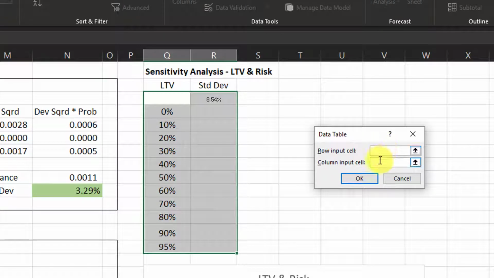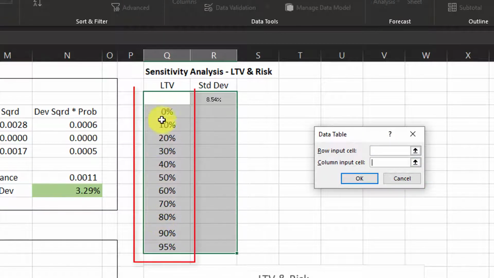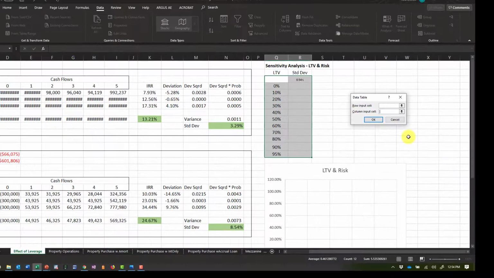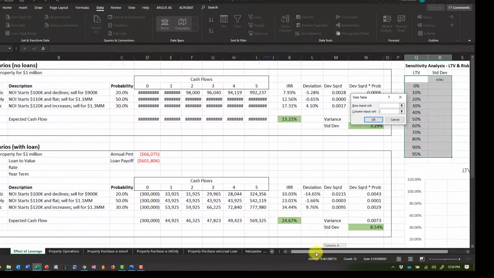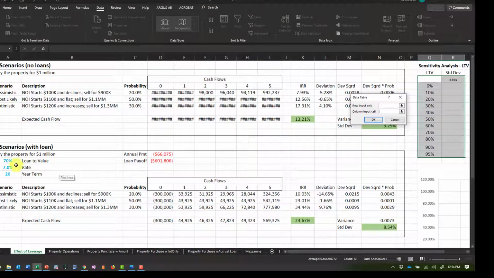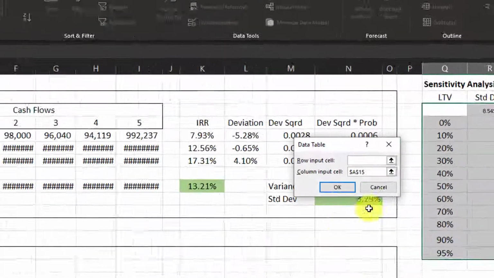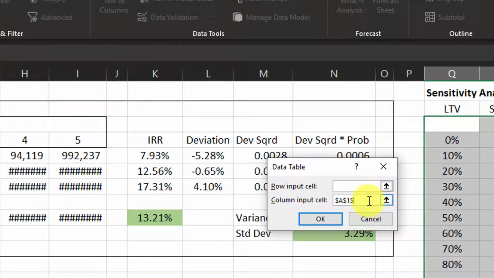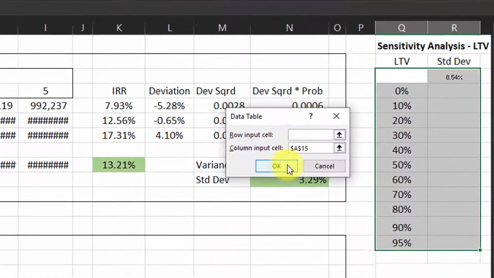There's the row input cell and the column input cell. Our numbers that we want to try out are all in a column, so I'm going to use the column input cell. And those numbers are all loan to values, so I'm going to link to the input cell that is a loan to value, and that is way over here. So notice what's happening. I've got A15 as my column input cell, and I'm linking to the loan to value.